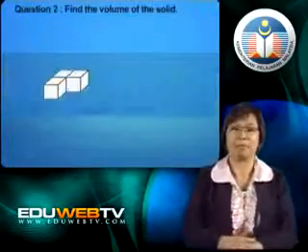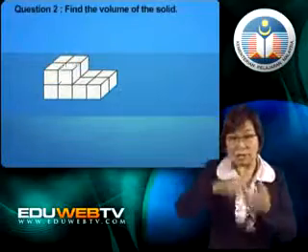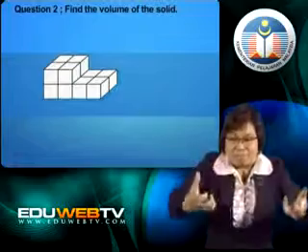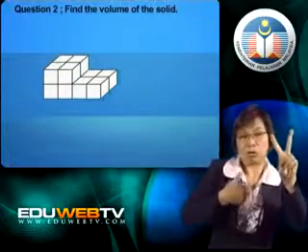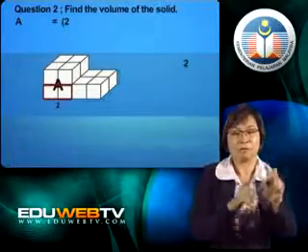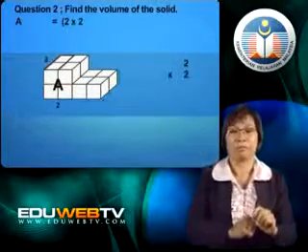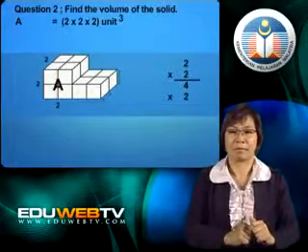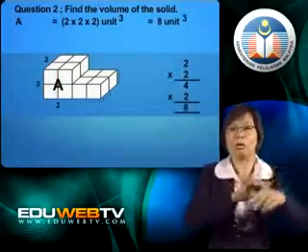Question 2. Find the volume of the solid. For this kind of shape, divide it into two simple shapes. A has 2 unit cubes of width, 2 unit cubes of length, and 2 unit cubes of height, which is equal to 8 unit cubes.